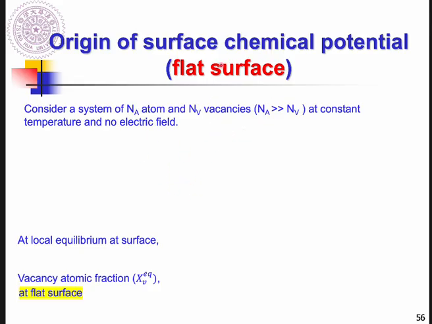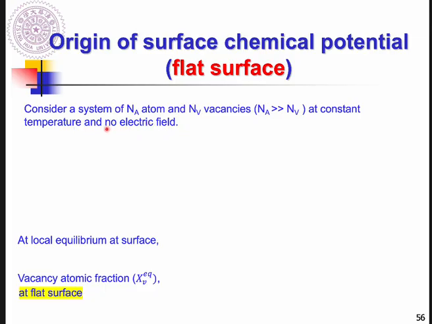We start from the surface chemical potential of atoms on a flat surface. Also, what type of material do we discuss? We have a pure metal A, but with vacancies, at constant temperature and no electrical field.